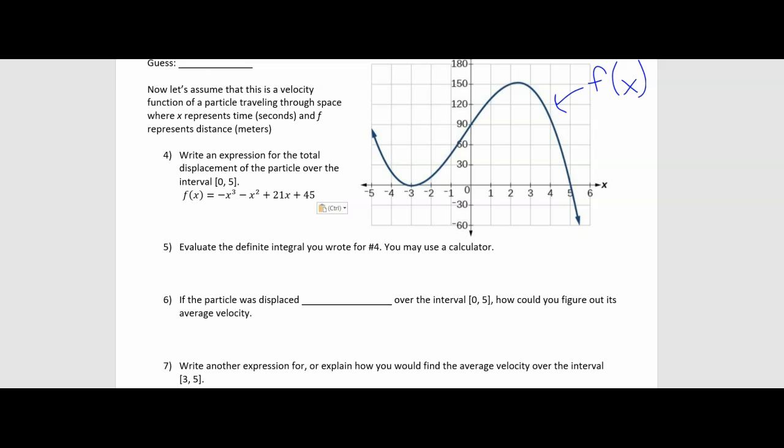So an expression for the total displacement, all we would do, so displacement, that is just the area under the curve of a velocity function over the given interval.